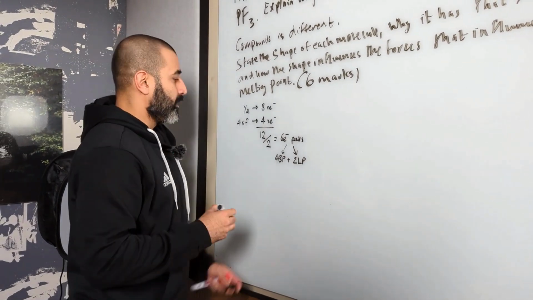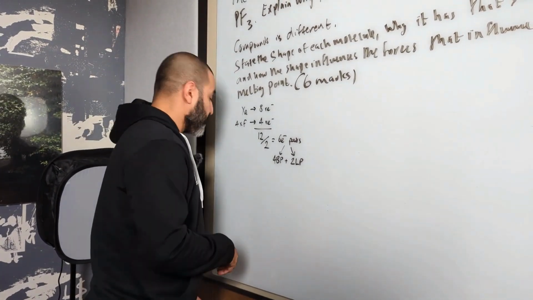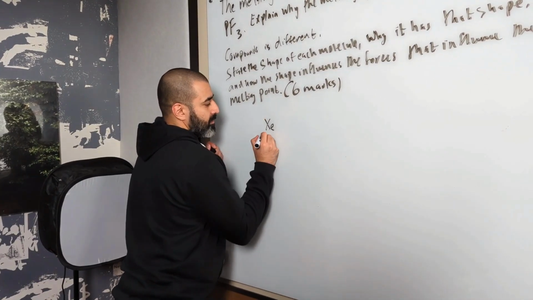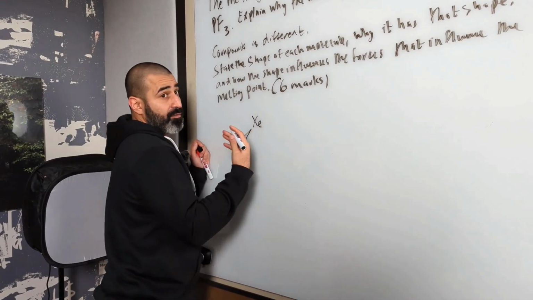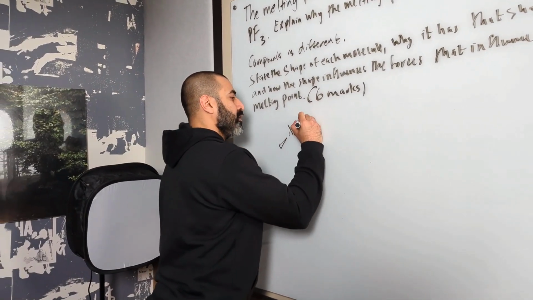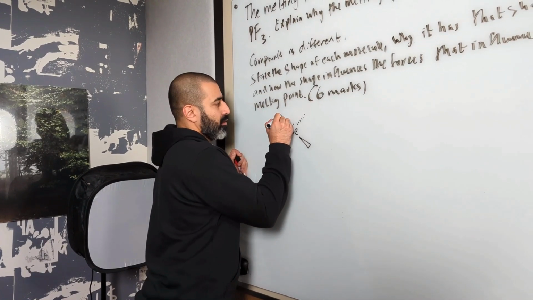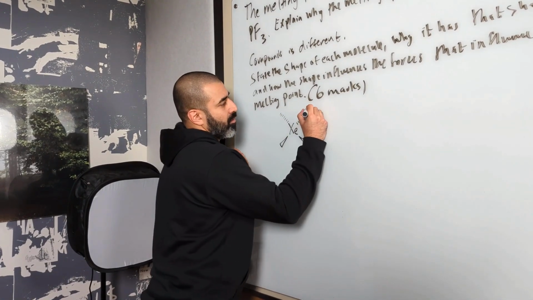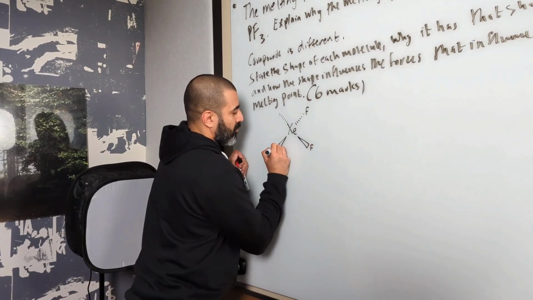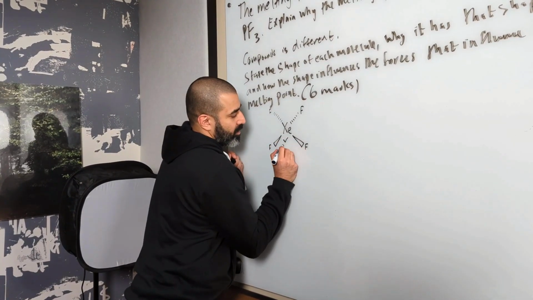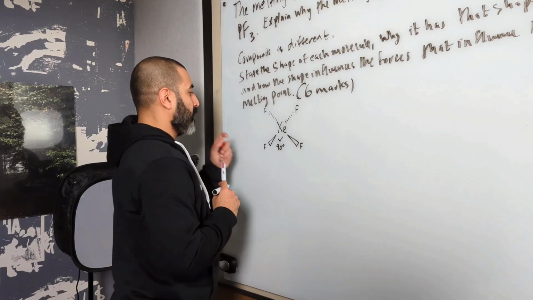So let's draw that out for xenon. Xenon in the center. And if you've got 4 bonding pairs and 2 lone pairs, the shape is going to be square planar. And that bond angle there is going to be 90 degrees.